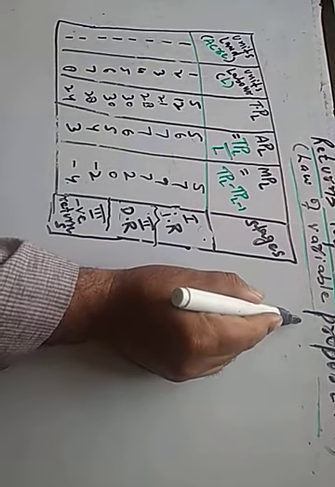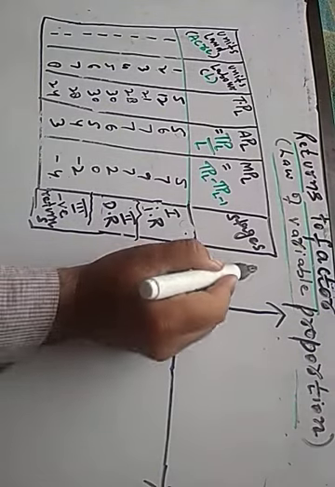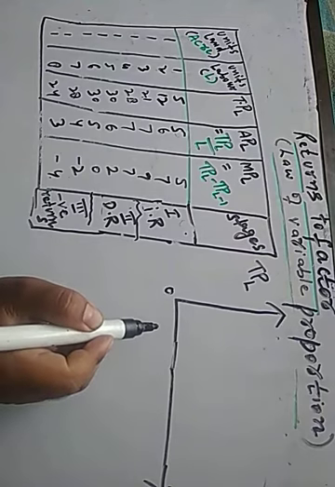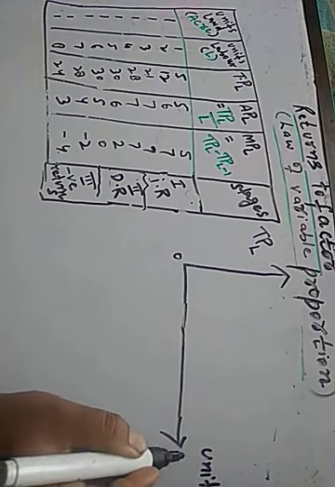Now we will show the data shown in the table with the help of a graph. On the y-axis, or vertical axis, we take total product of factor, that is total product of labor, and on the horizontal axis, the x-axis, we will take units of variable factor, that is units of labor.